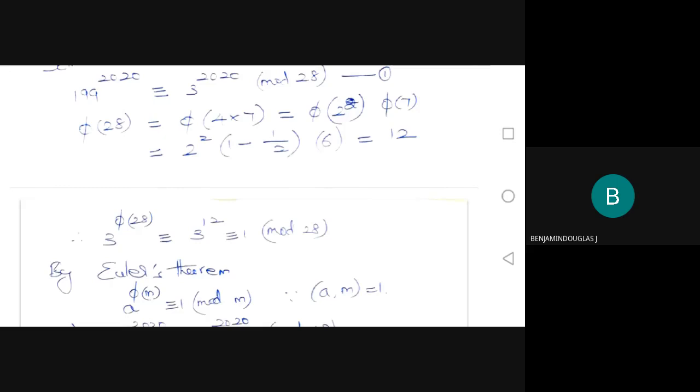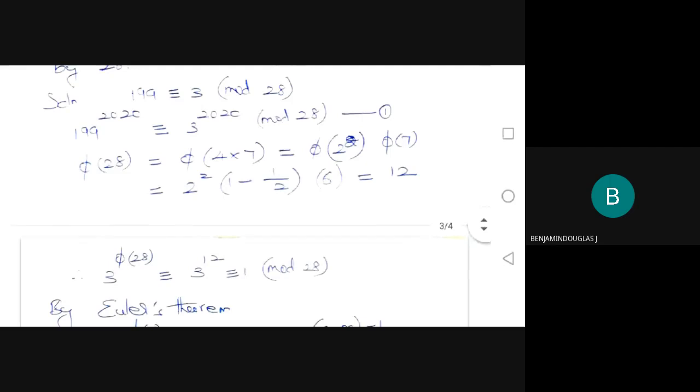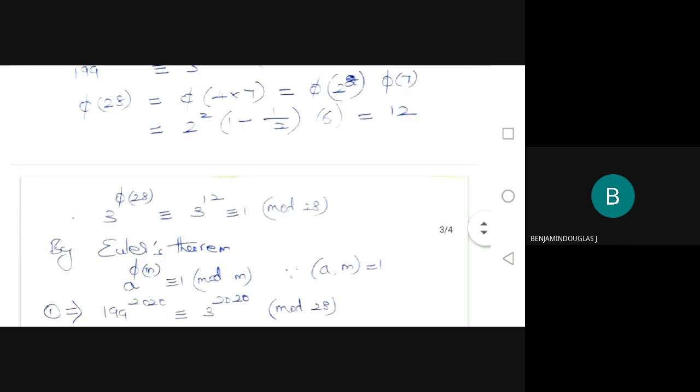Therefore, by Euler's theorem, 3 power phi of 28 is congruent to 1. Phi of 28 is 12, so 3 power 12 is congruent to 1 under mod 28. From equation 1, 199 to the power 2020 is congruent to 3 power 2020 under mod 28.